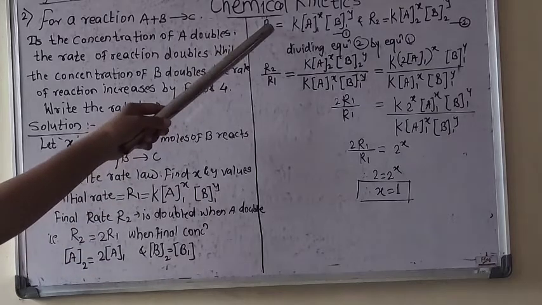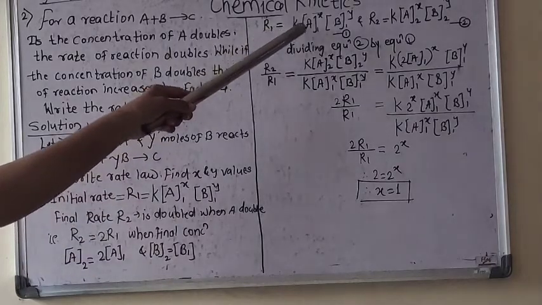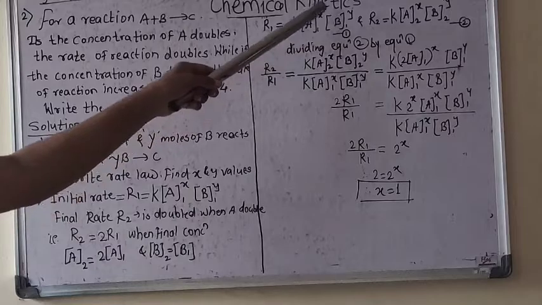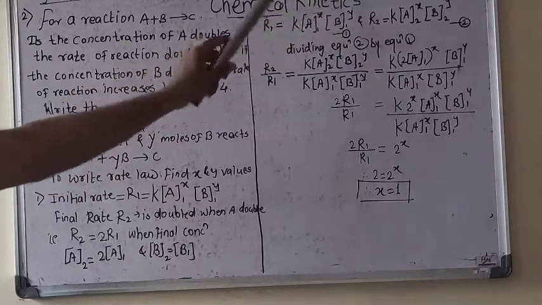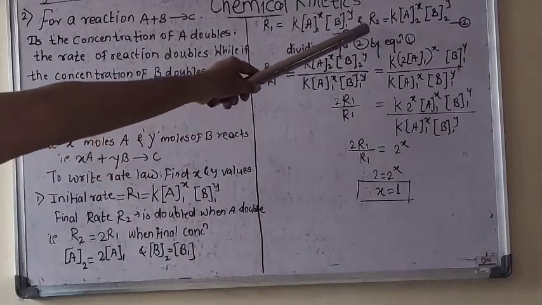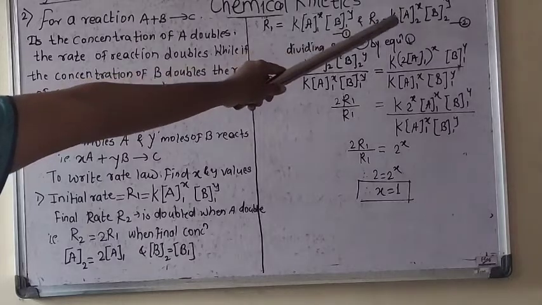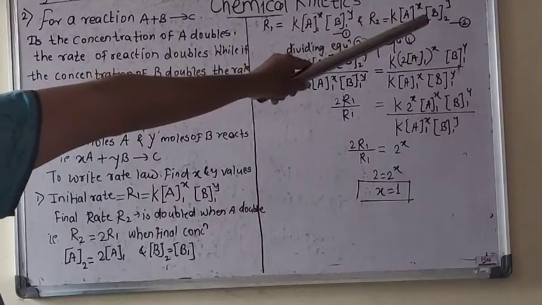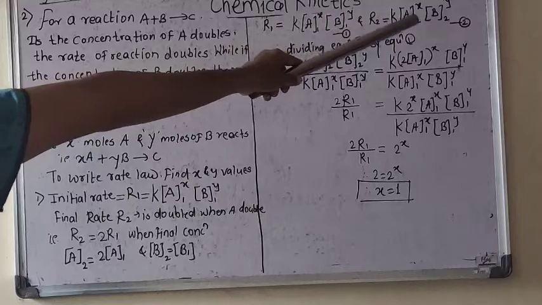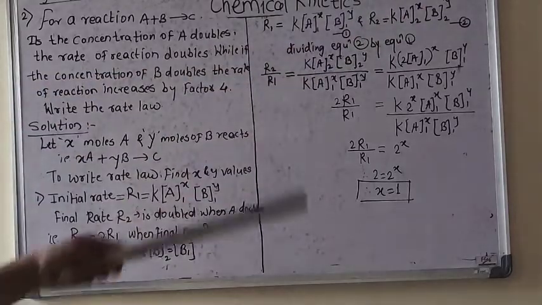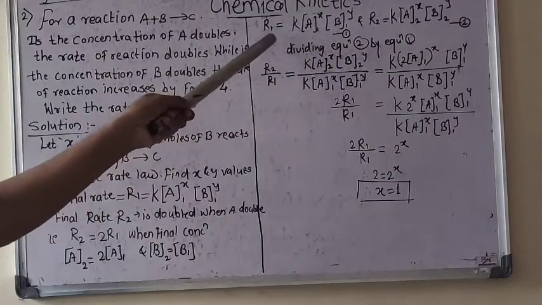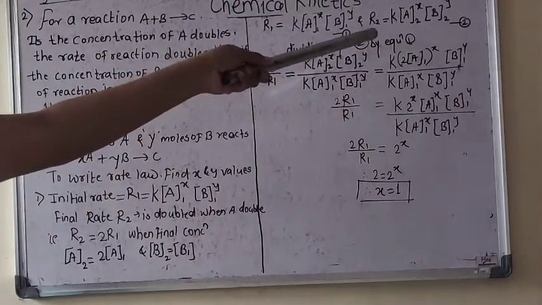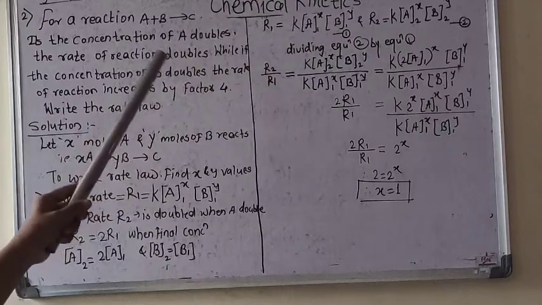Initially we wrote R1 equals K times the molar concentration of A1 to the power of X into the molar concentration of B1 to the power of Y, and R2, the final rate, equals K times A2 to the power of X times B2 to the power of Y. That is equation 2. Now we are dividing equation 2 by equation 1.